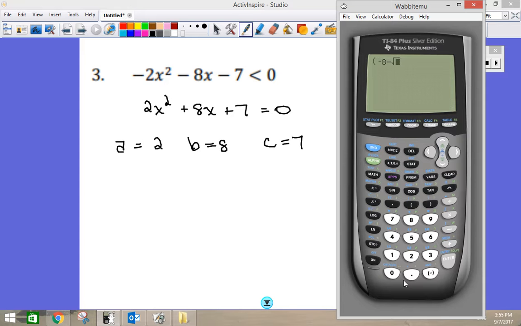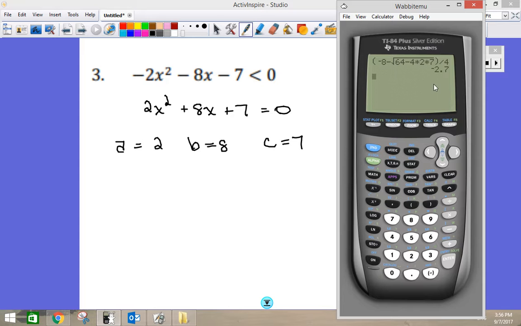B squared, well, I know I don't need a calculator for 8 squared. That's 64. Minus 4 times a, which is 2, times c, which is 7. Let's close that parenthesis because that's my numerator. Let's divide this by 4 because 2 times a, 2 times 2, is 4.